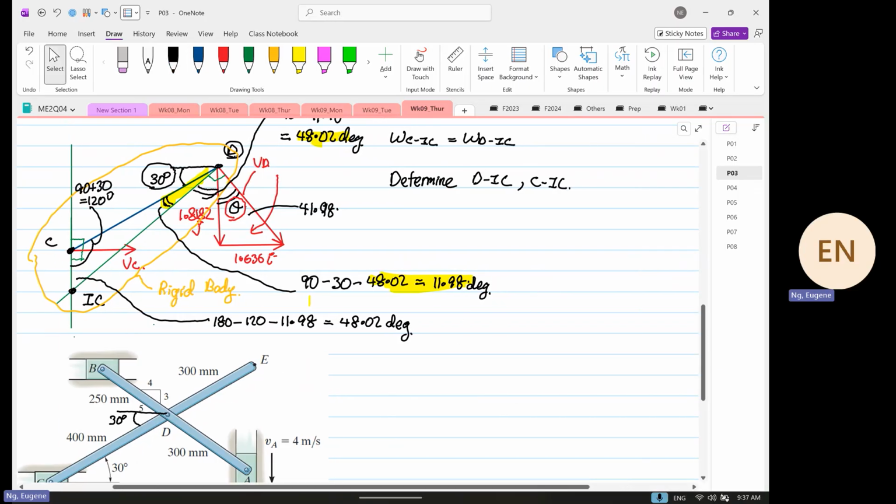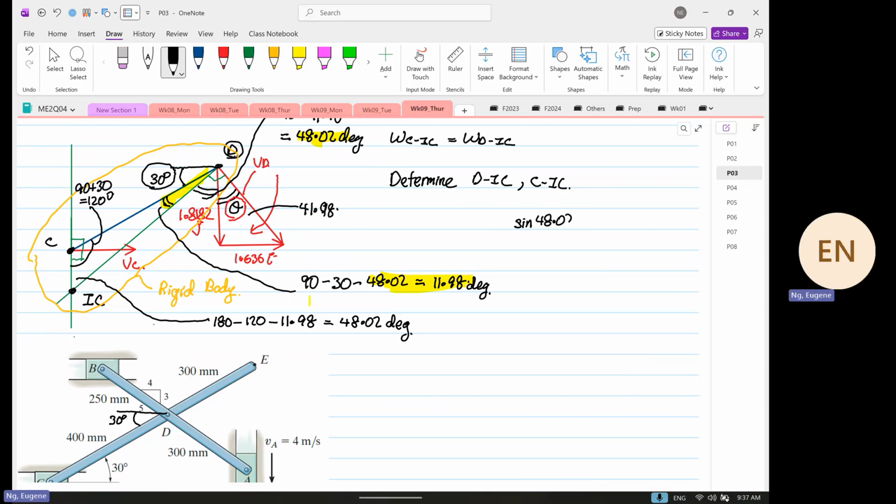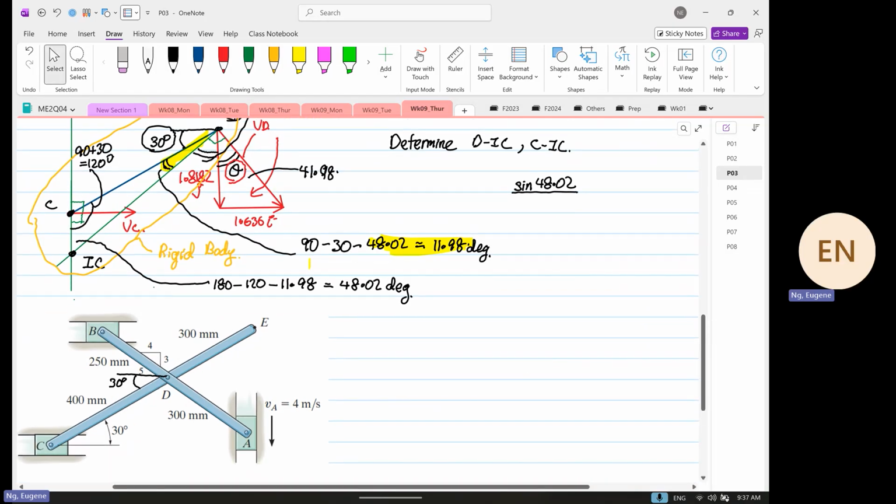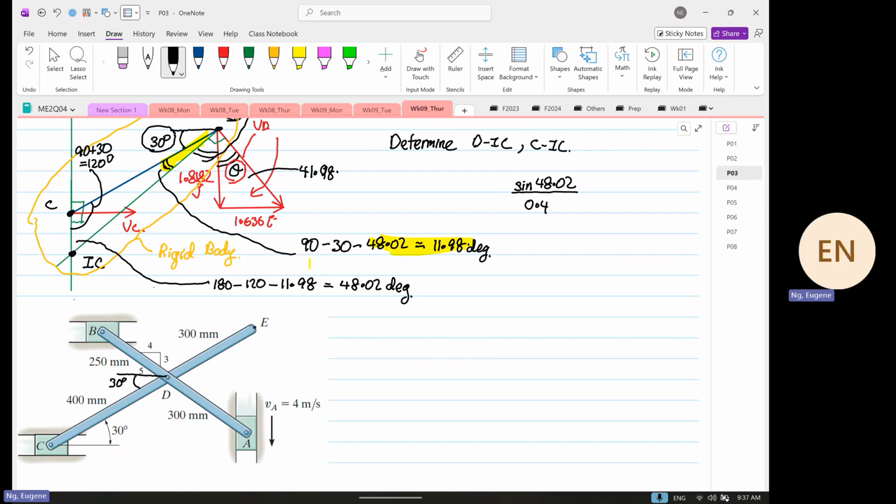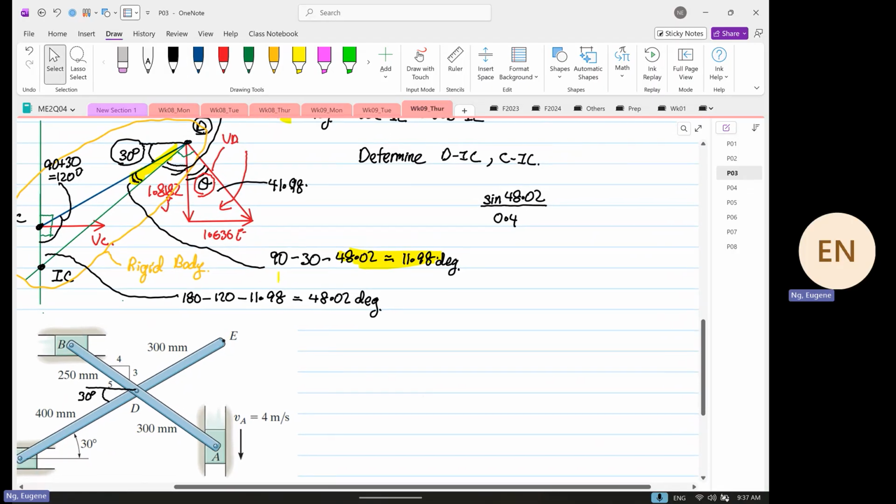So from here, we can form sine 48.02 divided by that length is equal to, so CD we are given that is equal to 0.4. So 48.02 is CD.